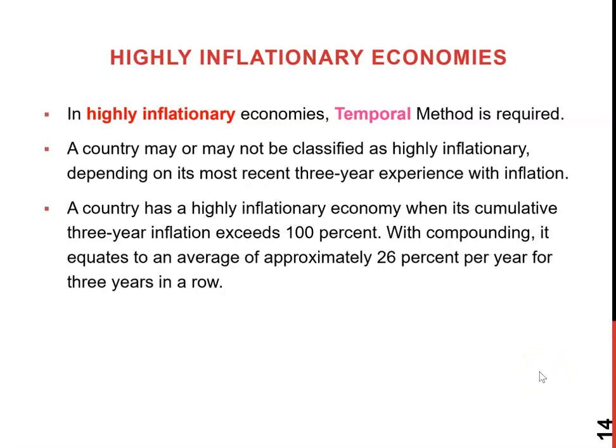You have to look at at least their 3 years of inflation rate. If the 3 years cumulative or total inflation rate exceeds 100%, and if you think of compounding inflation rate, approximately 26% per year in a row, then you have to use the temporal method.